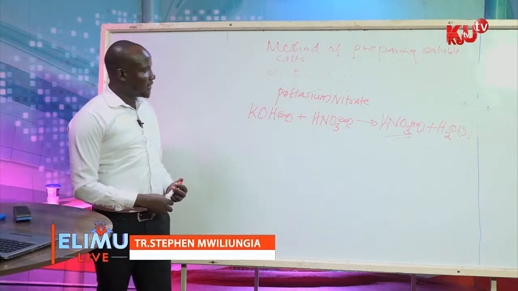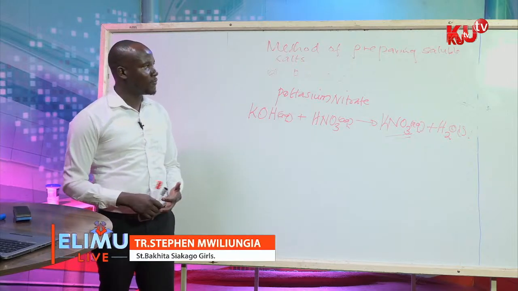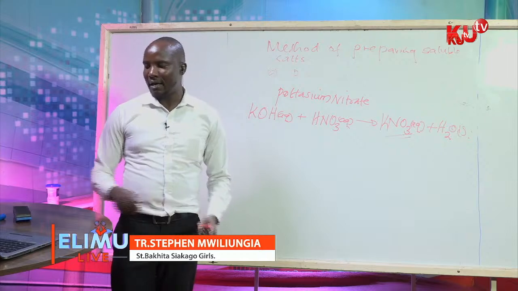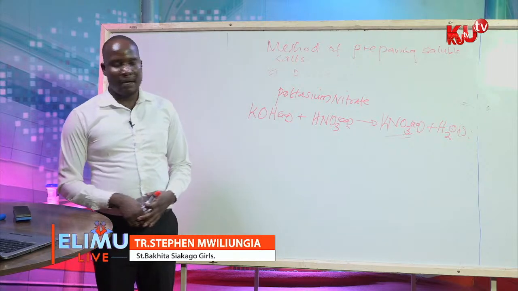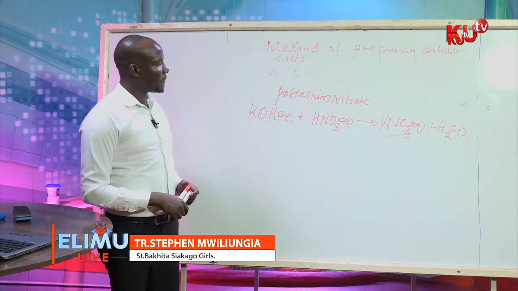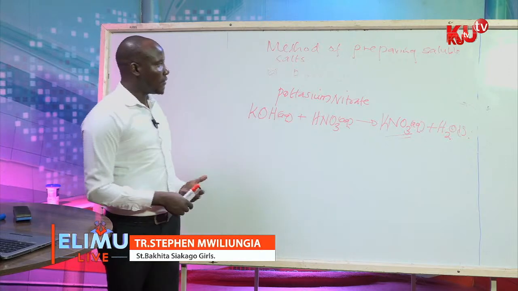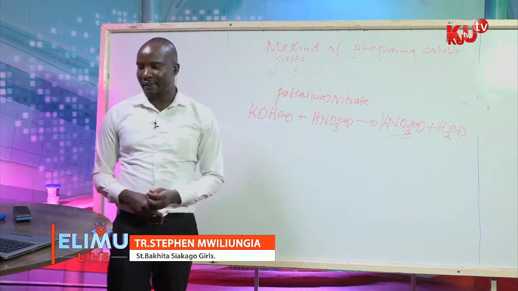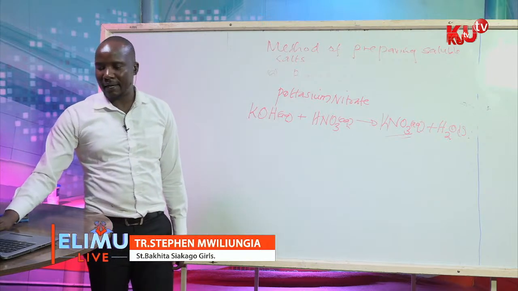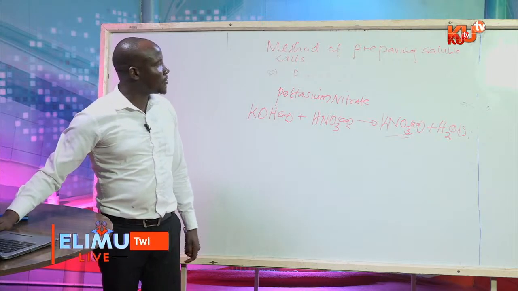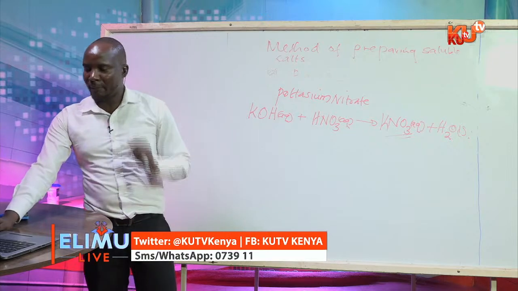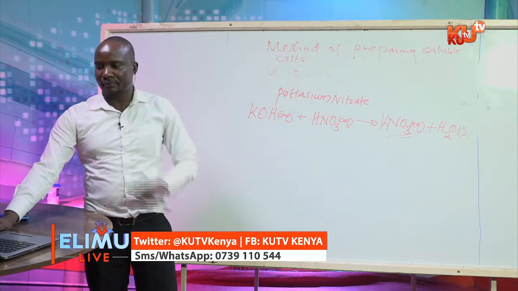Now, learners, we have learned three methods of preparing a soluble salt. Now we can review what we learned. The first method is a reaction between a metal and an acid.